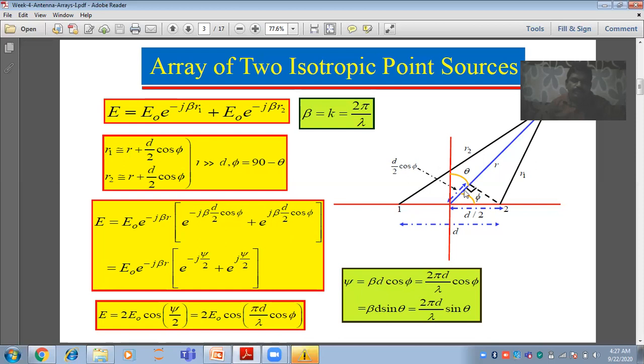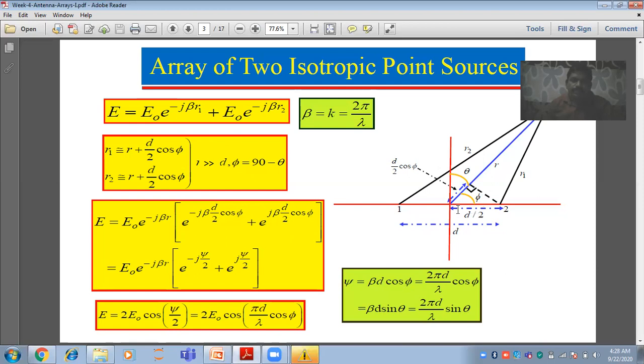If you calculate the length from this point to this point, that is taken as d by 2 cos phi. This distance is d by 2 because from antenna 1 to antenna 2 the length is d meters, and since this is the midpoint, this length will be d by 2.